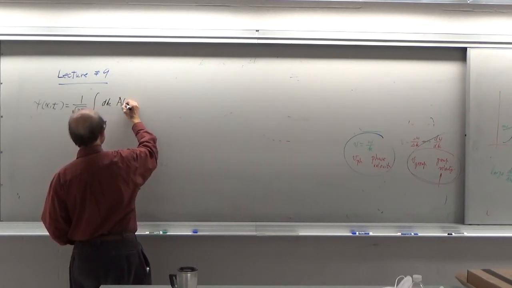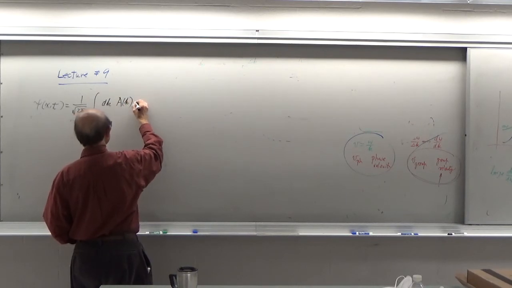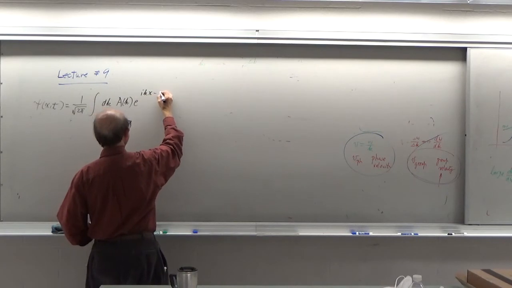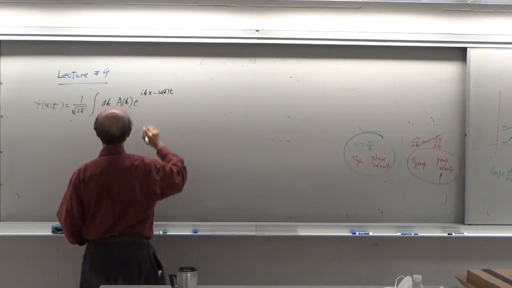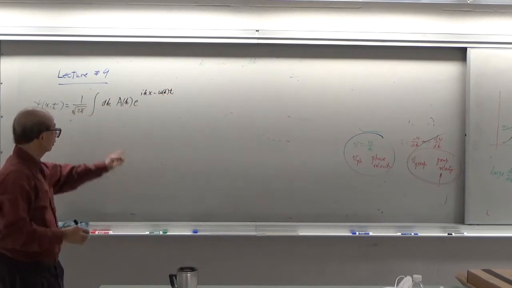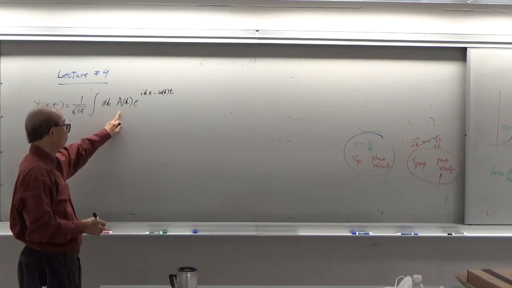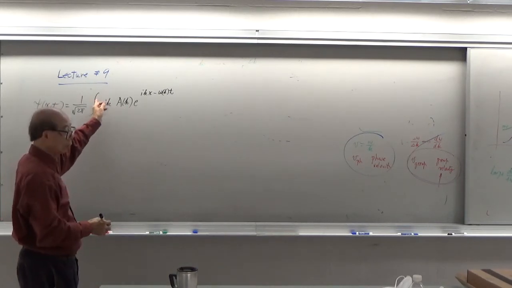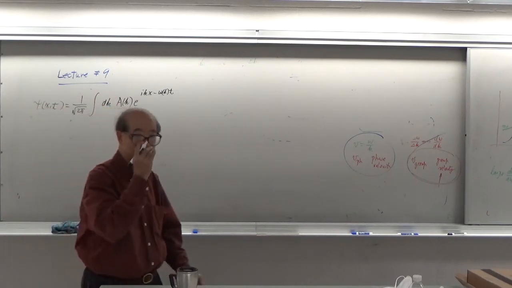The amplitude is A of k, then e to the i k x minus omega t. Omega can be thought of as a function of k. This amplitude denotes the amplitude for that wave number, and we integrate over the whole range of wave number values.